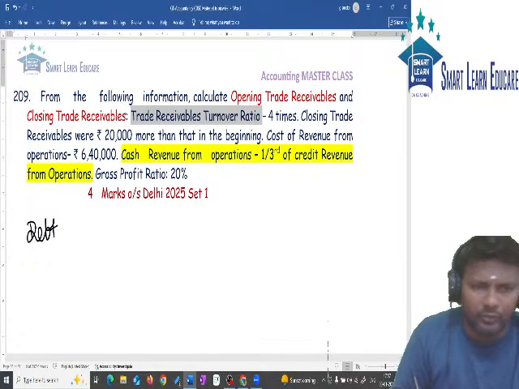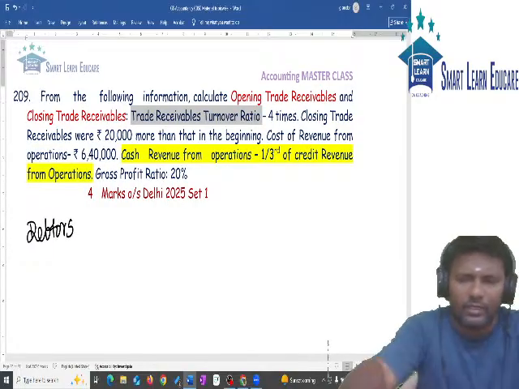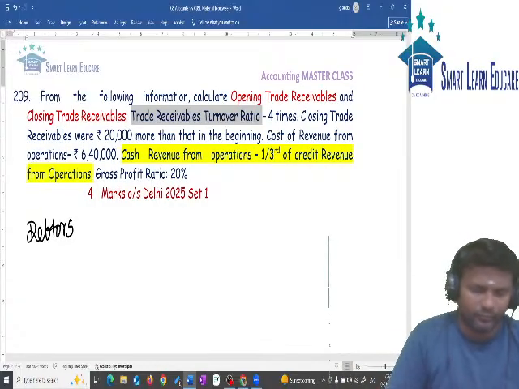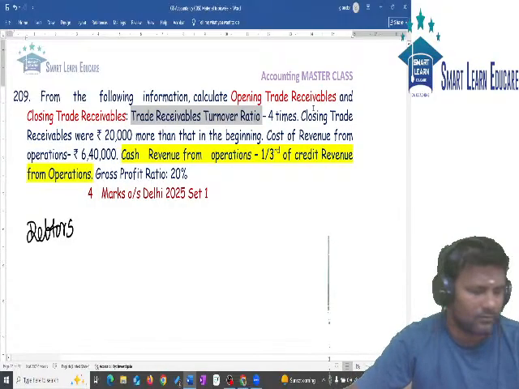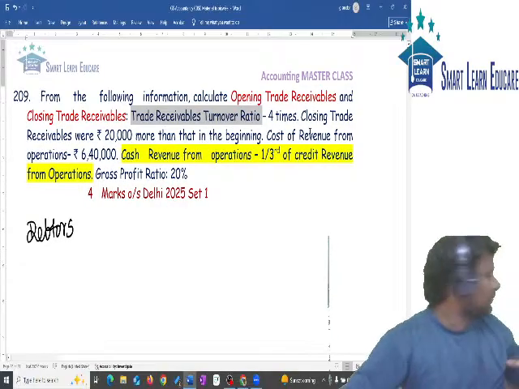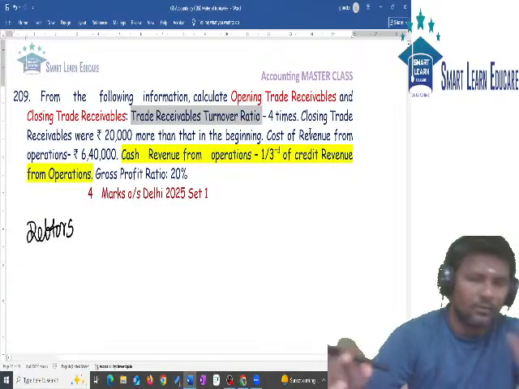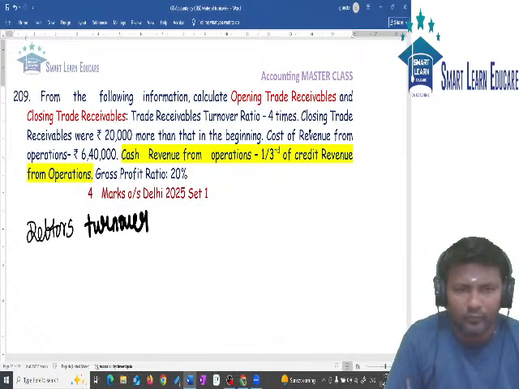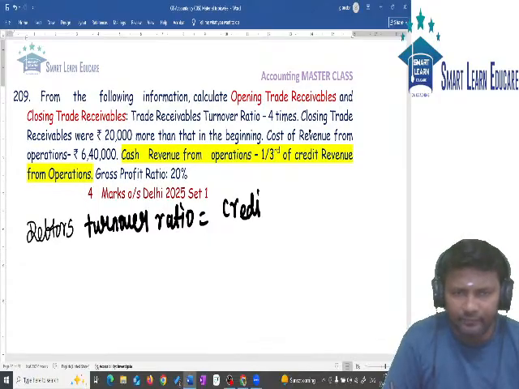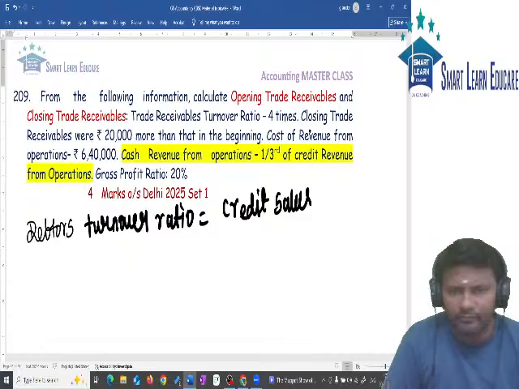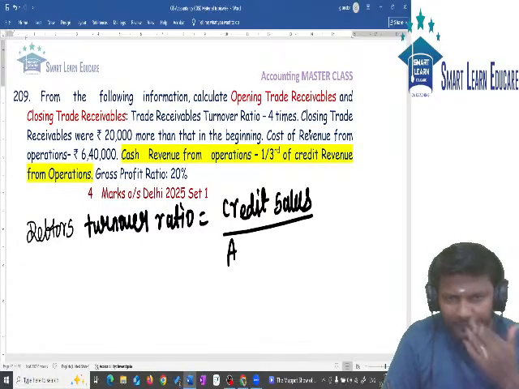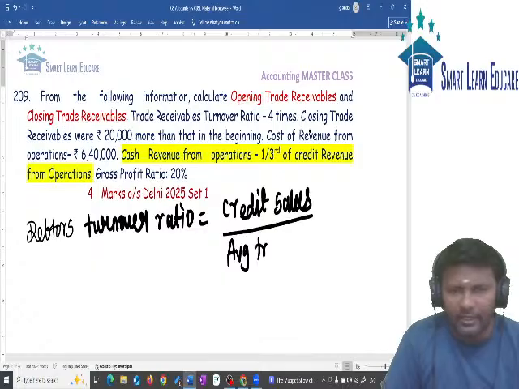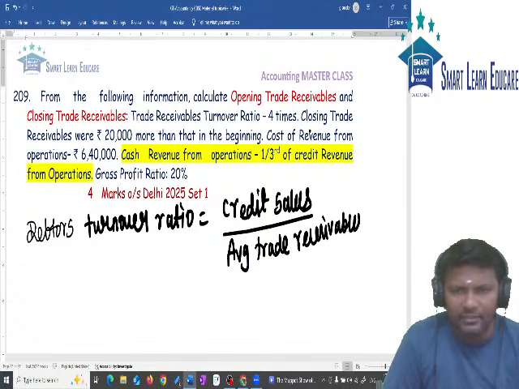The formula is credit sale divided by average trade receivable. Credit sale divided by average trade receivable.